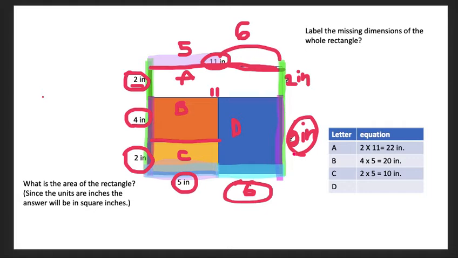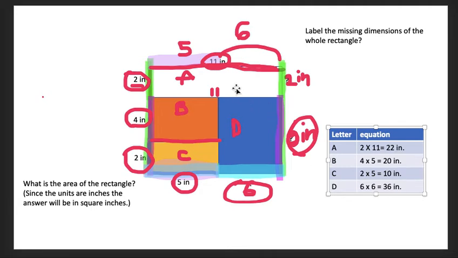I know it doesn't really look like a square, but that's just an example. So that would be 6 times 6. You can pause the video real quick and try to figure that out. Resume it when you have it. 6 times 6 equals 36 inches.